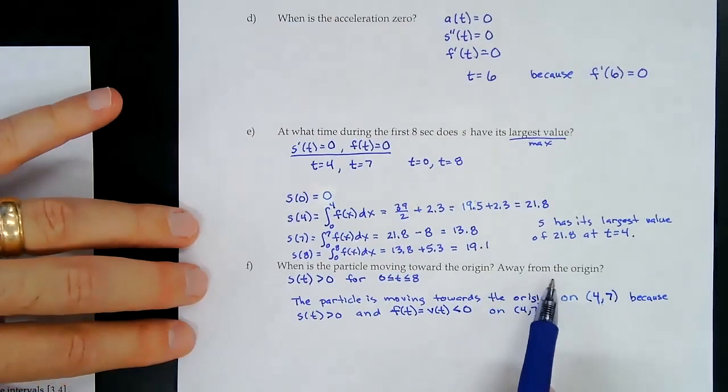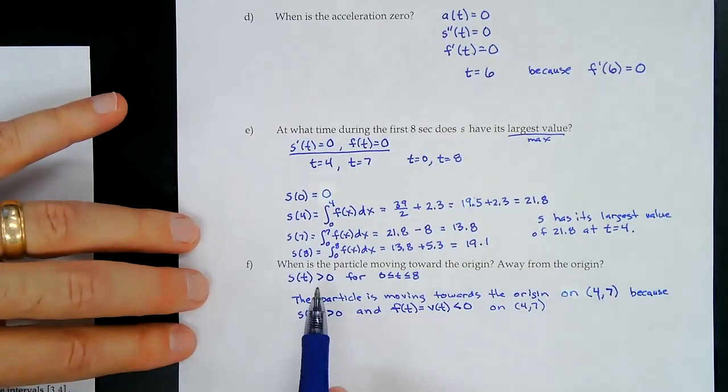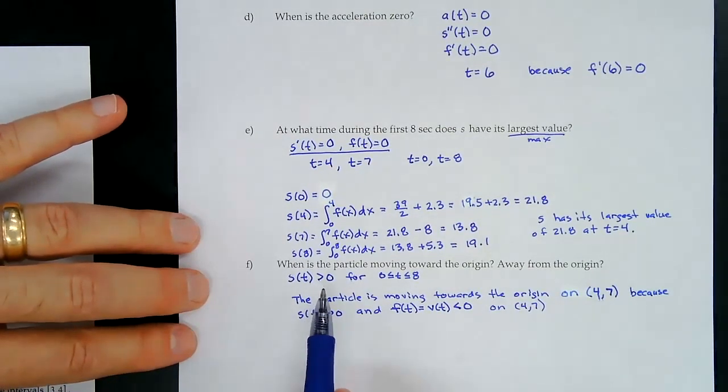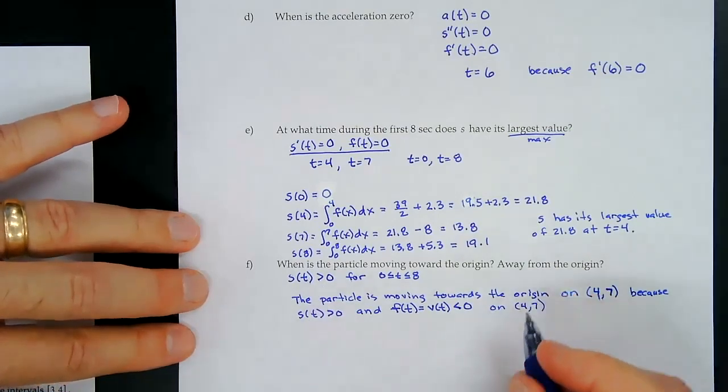So how do we know we're moving away from the origin? Well, if the position is positive, which it's always going to be, that's going to be when the velocity is greater than 0, okay?